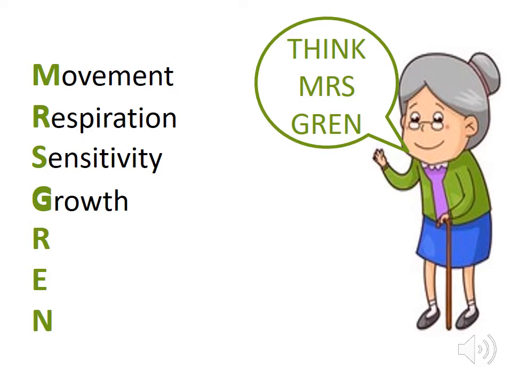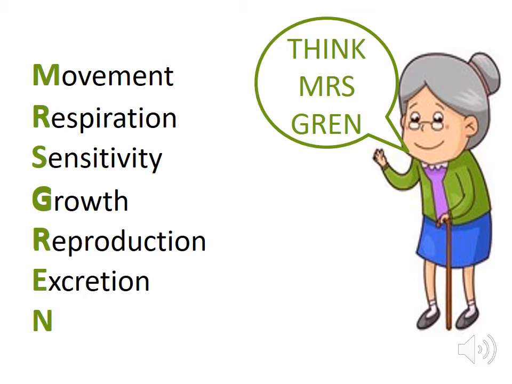All living things also grow and all living things also reproduce to produce offspring. All living things excrete, so excretion, which just means getting rid of waste products. So things like carbon dioxide, which is made through respiration, and urine, wee, or feces, which is just another word for poo.